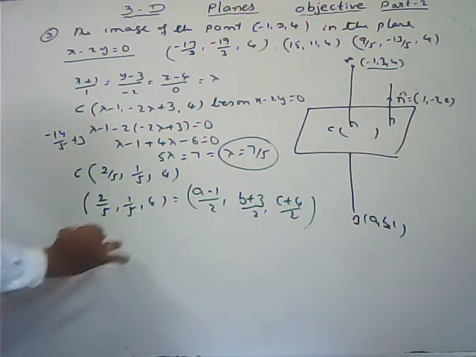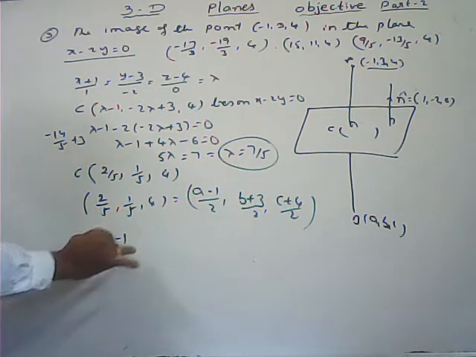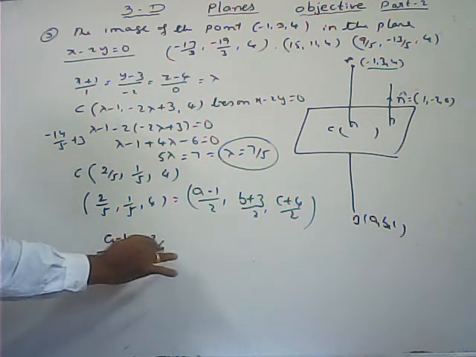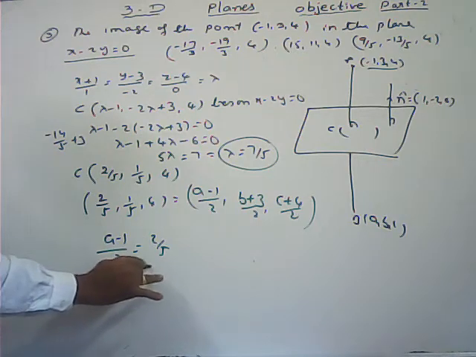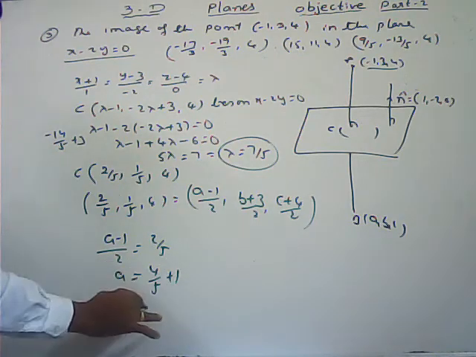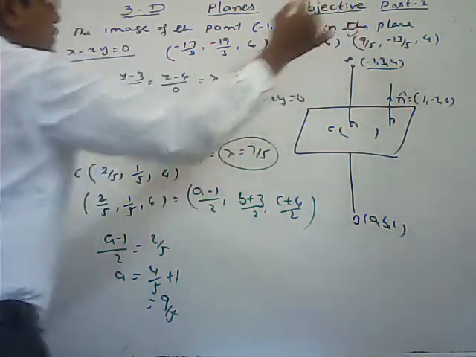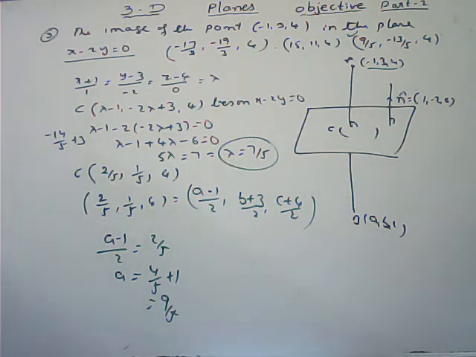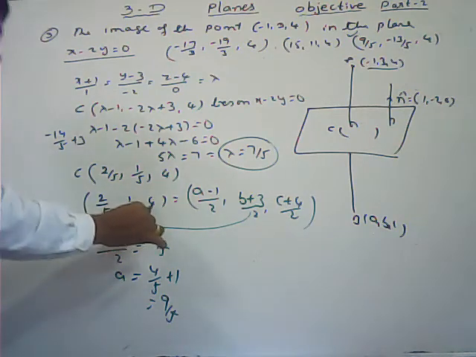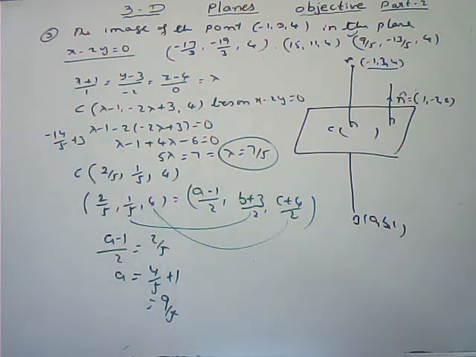By equating the first coordinates, we can get the a value. a is equal to 4 by 5 plus 1, that is equal to 9 by 5. And by checking the options also, only 9 by 5 is there in the third option. So that is the correct option. Otherwise, if you want all, by equating these two coordinates we can get the b value, and by equating these two we can get the c value. That is the image of the given point.